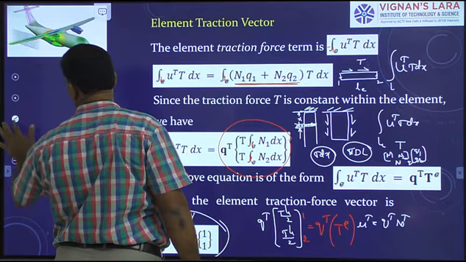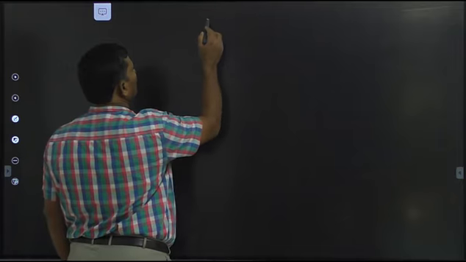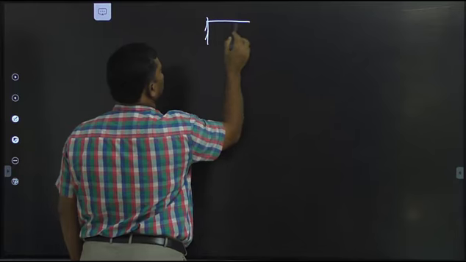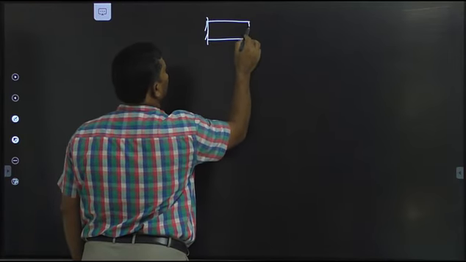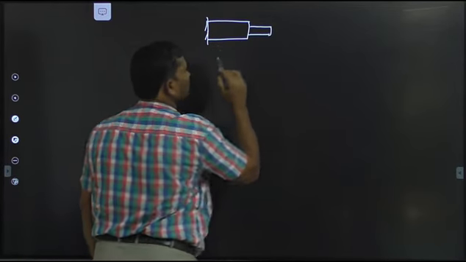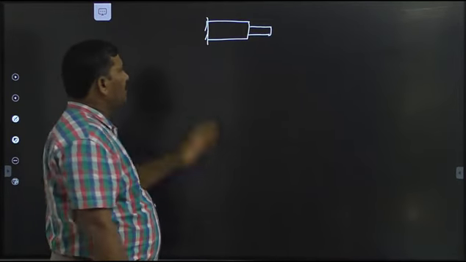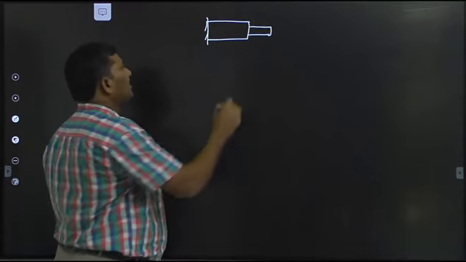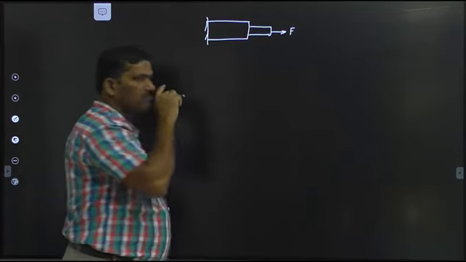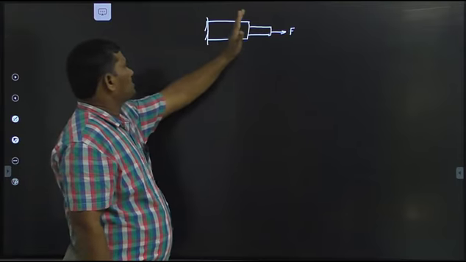Now, I take a one-dimensional solid like this with a single step. I can say a stepped bar. This stepped bar is subjected to a tensile force F. Now, this has two parts, first part and second part.